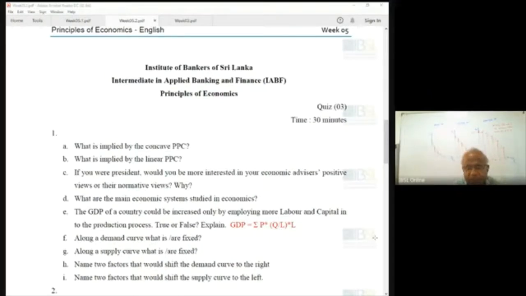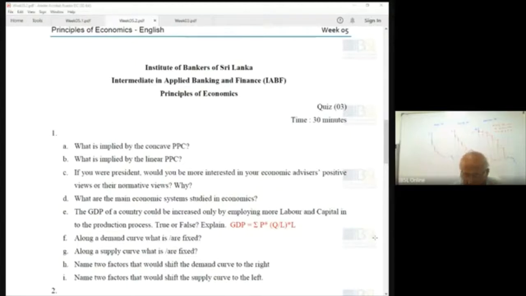Okay. Next question, part F. Along a demand curve, what are fixed? Tell me, what is the answer? What are fixed? Other factors are fixed. What are these other factors?